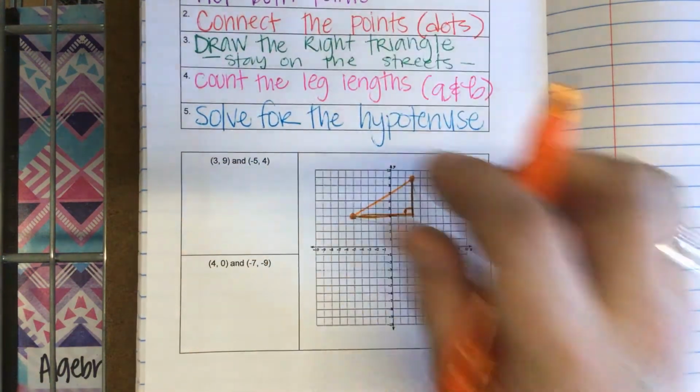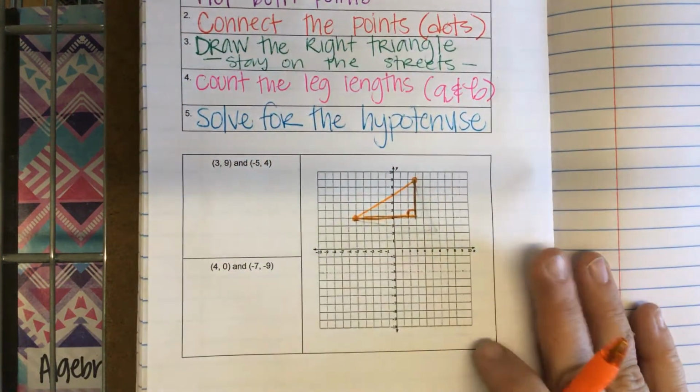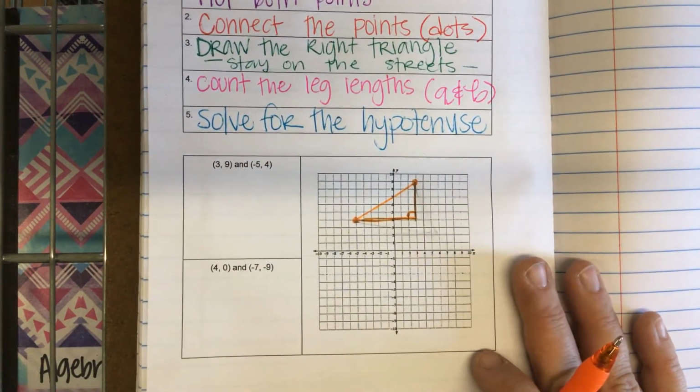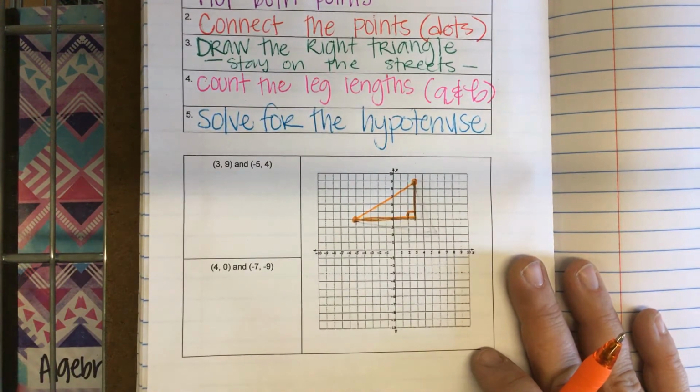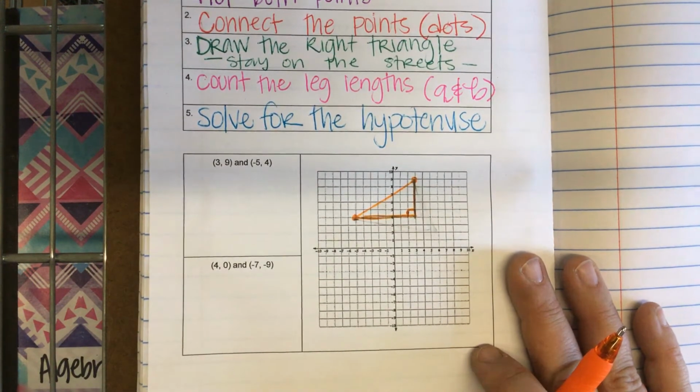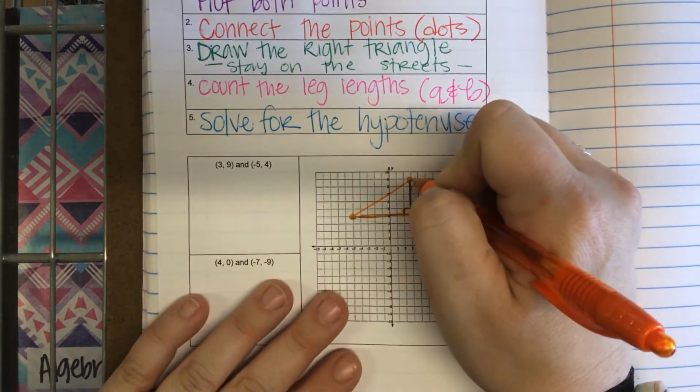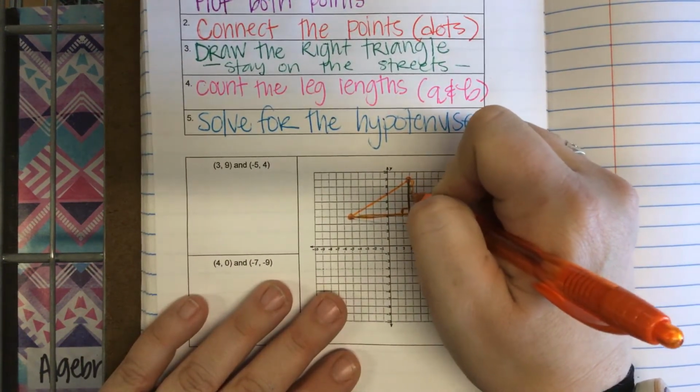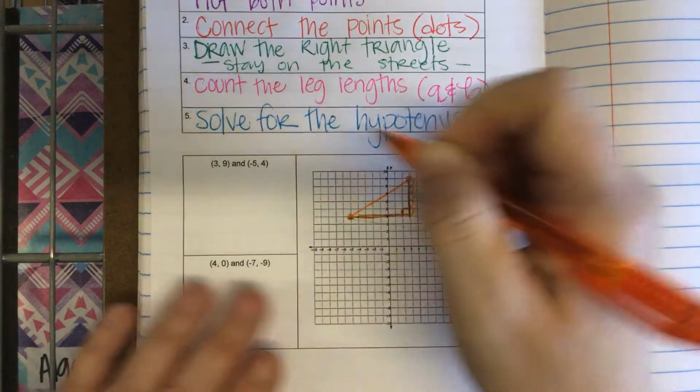Step number 1, plot the points. Did it. Step number 2, connect the dots. Did it. Step number 3, draw the right triangle. Did it. Step number 4, count the legs. 1, 2, 3, 4, 5. That's my first leg.